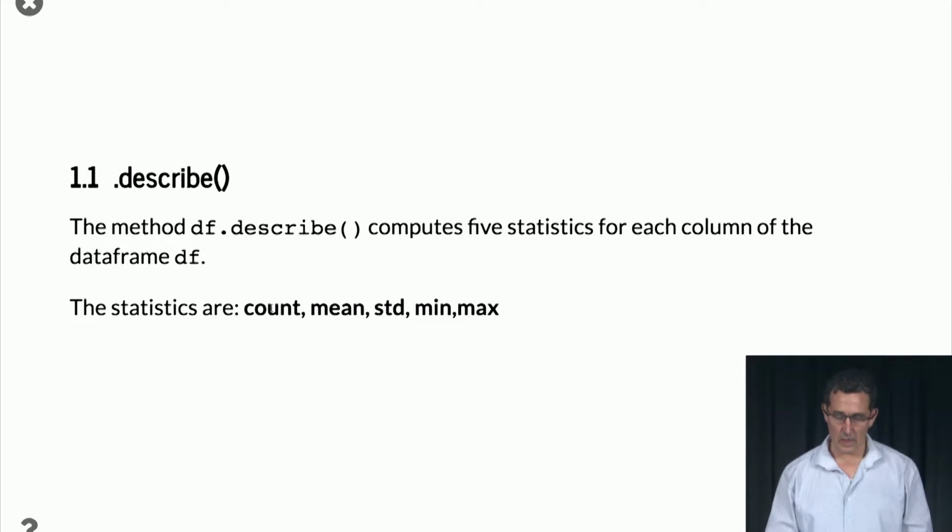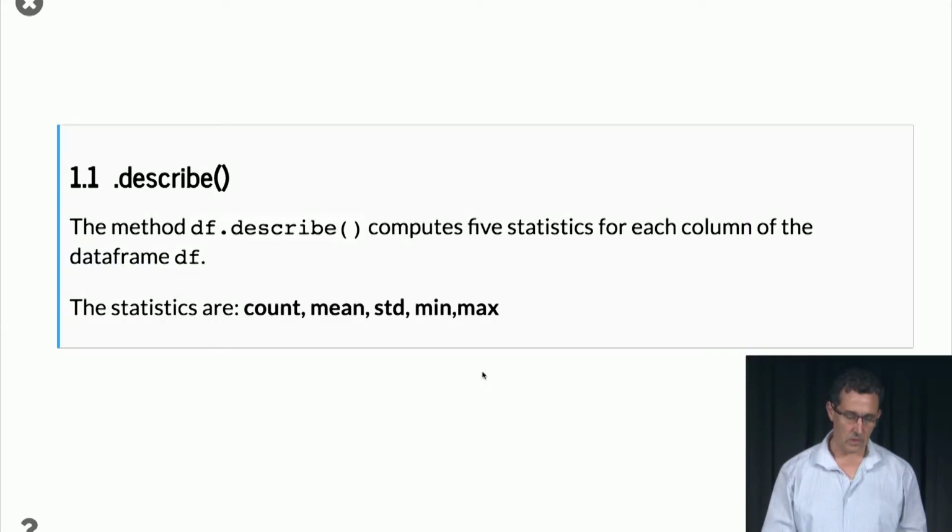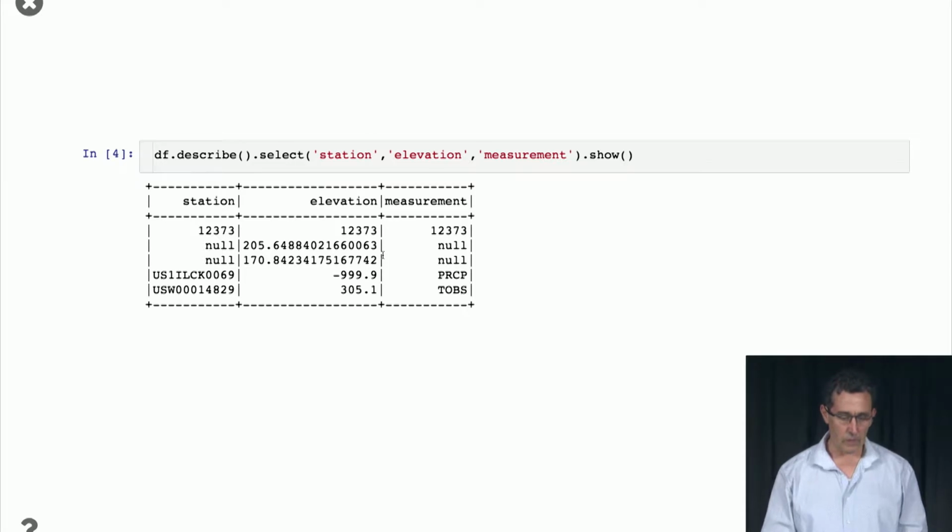For each column, it outputs the count, the mean, the standard deviation, the min, and the max. Okay, so let's see what we have from here. If we look at just the table that has station, elevation, and measurement, we see that there are 12,373 measurements of any one of them.